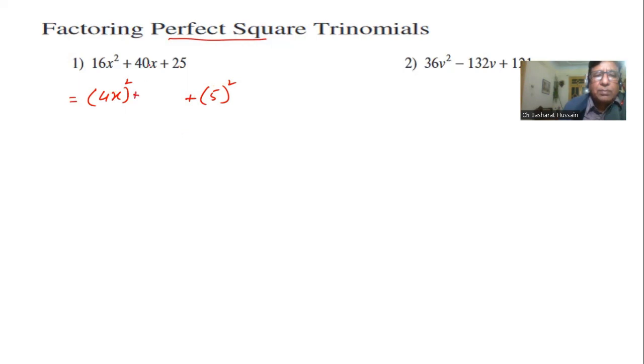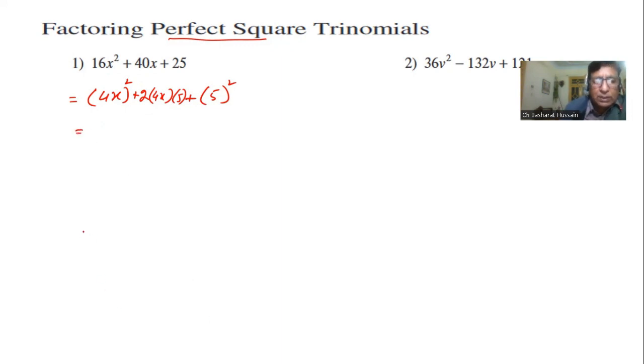And the middle term 40x is twice of both the factors: 2 times 4 is 8, 8 times 5 is 40, 40x.